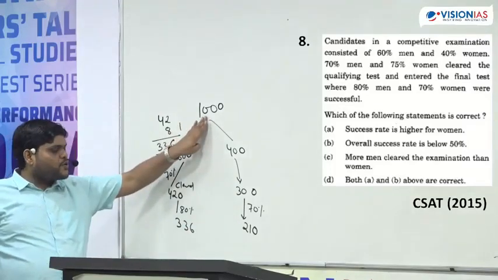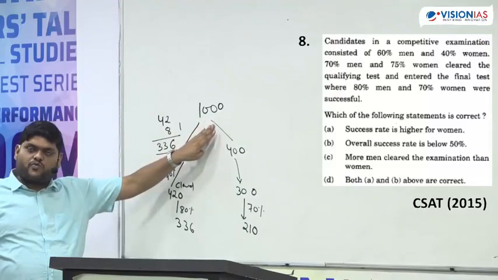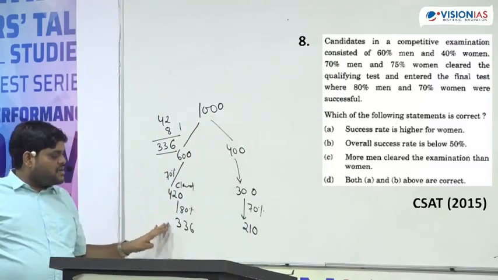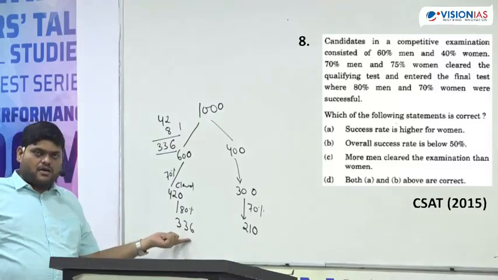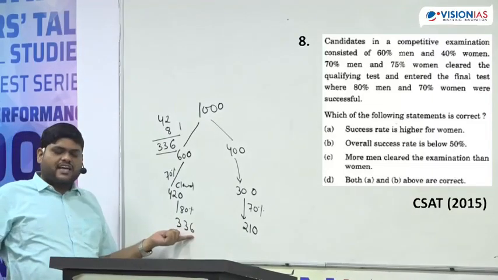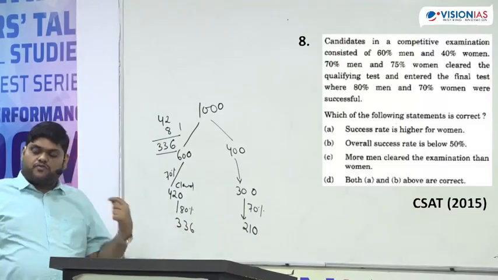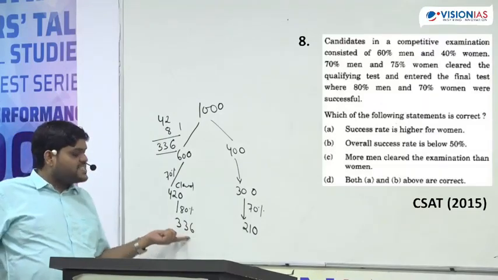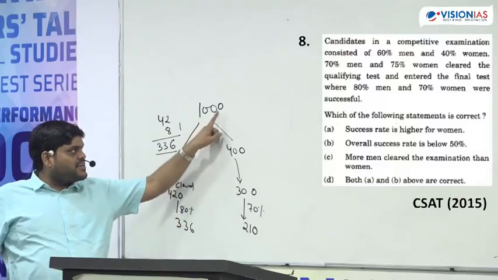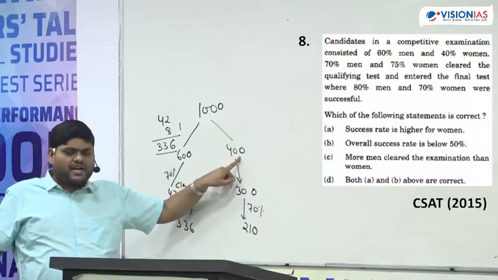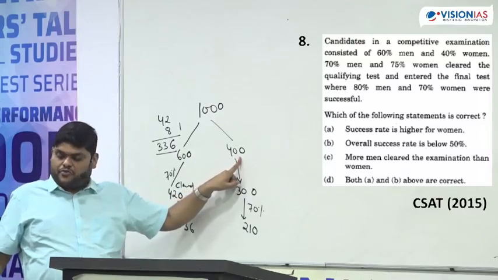What have we done? We have taken total students as 1000. Why 1000? Why not 100? Because when we take 100, the number of men who clear the examination comes in decimal. So to remove that decimal, we have just added one 0. So men become 600, women become 400.